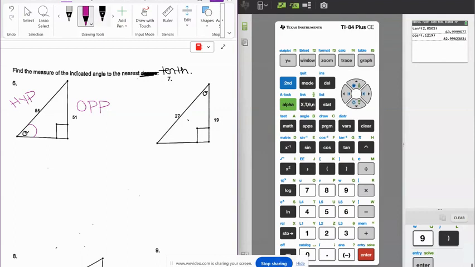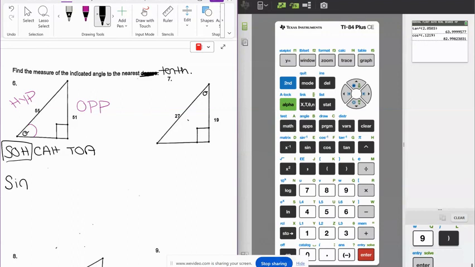Then I'm going to go back to SOHCAHTOA, and ask myself, which trig function pairs the opposite and the hypotenuse? Sine, cosine, or tangent? Sine. We're choosing sine as our winner.